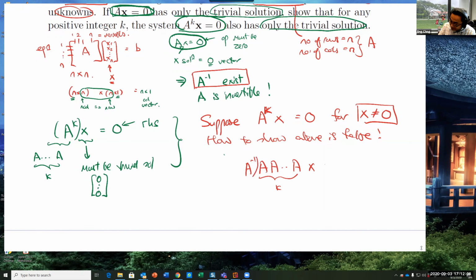If I multiply on the left by A minus 1, I multiply this one by my, then I get a second one. I get a third one. And you get the idea. And then I close this. And I close this.